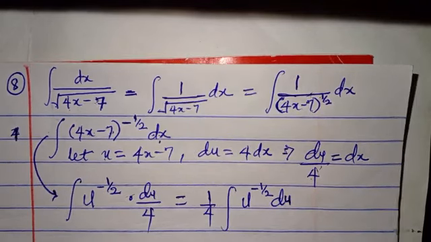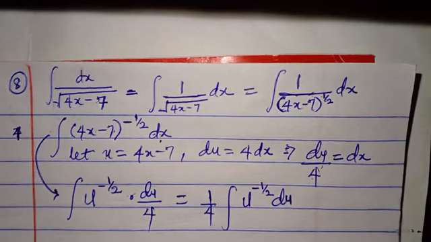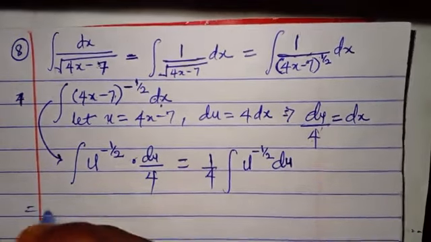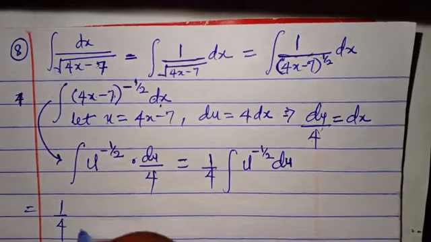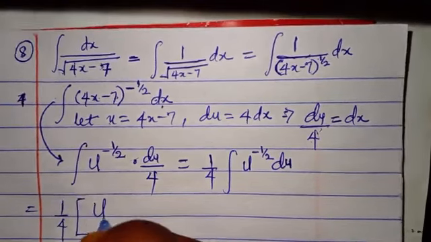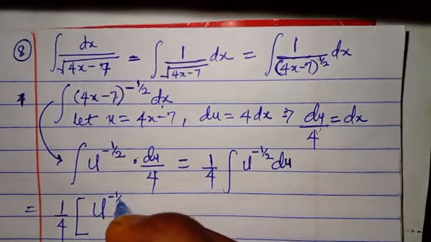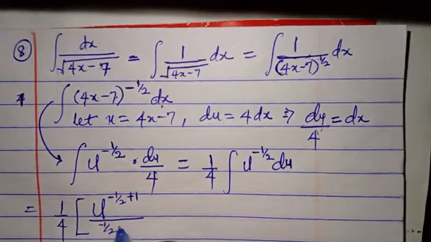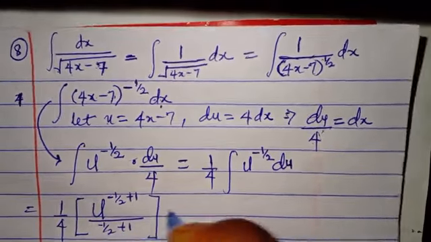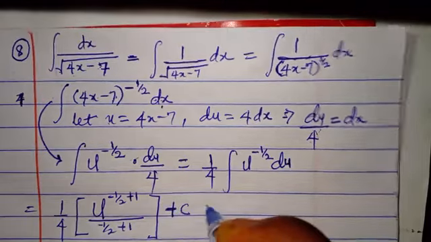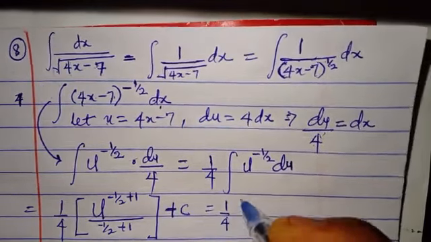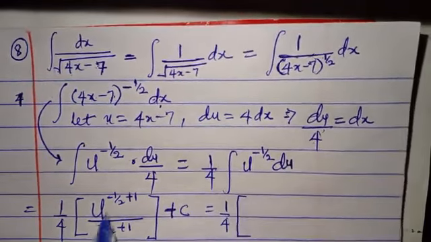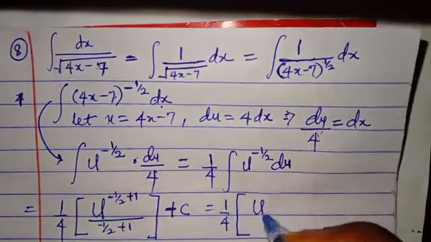Applying the rule of integration on this, we have 1 all over 4 times u to the power of minus 1 over 2 plus 1, divided by minus 1 over 2 plus 1, plus the constant of integration. 1 over 4 all into, minus half plus 1 is half.